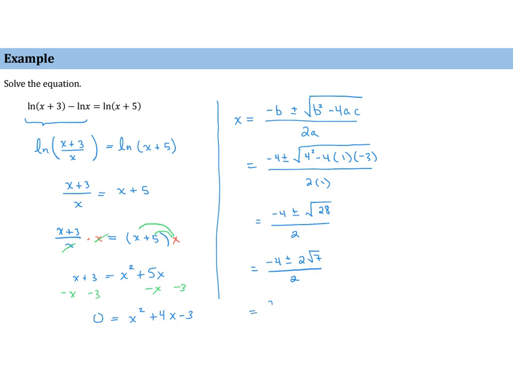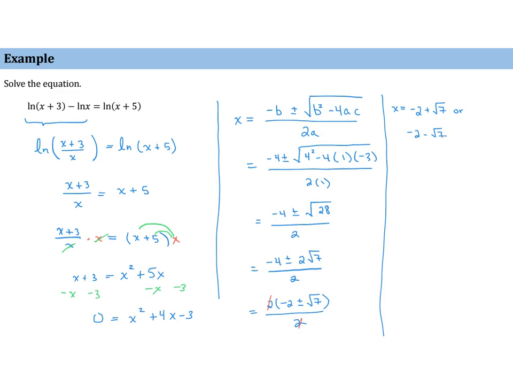So we can factor out a 2 from the numerator, and now cancel the 2's. And so this means that x is going to equal negative 2 plus the square root of 7, or negative 2 minus the square root of 7.